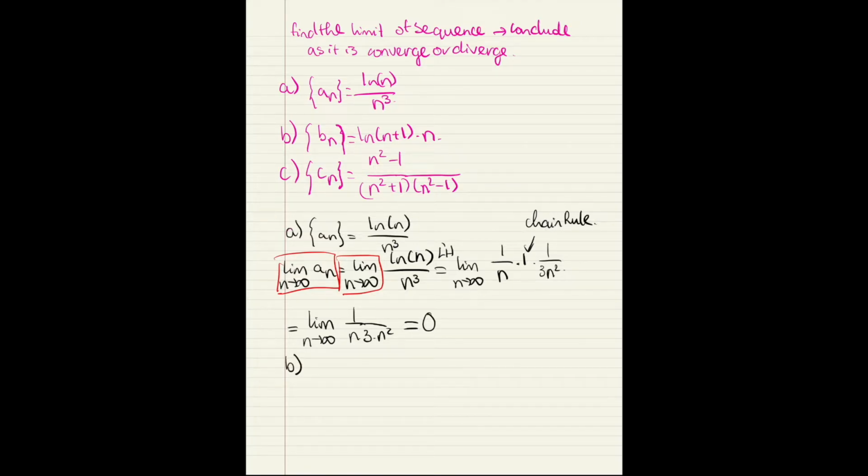For question B, sequence b_n equal to ln of n plus 1 times n. Maybe some of you are going to be confused about why we need to use L'Hopital's rule for this one, because normally L'Hopital's rule is just one function over another function, right?